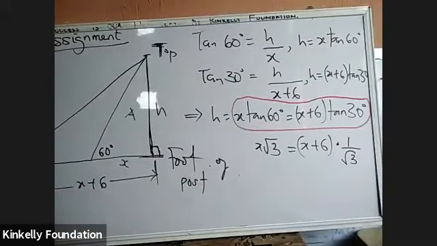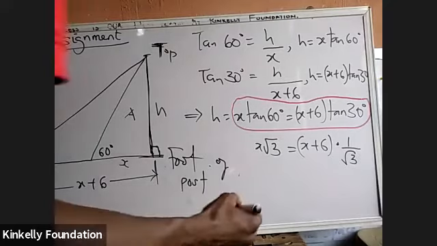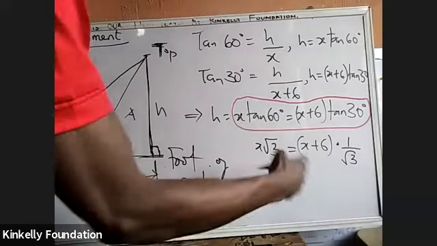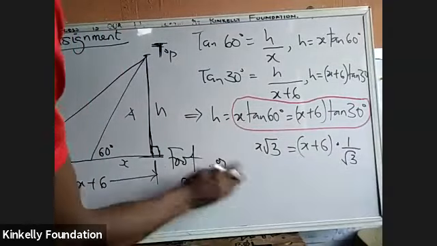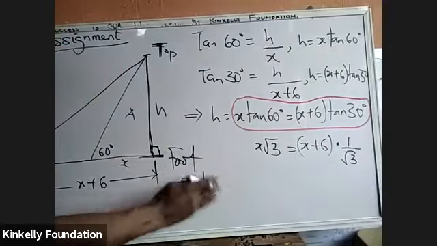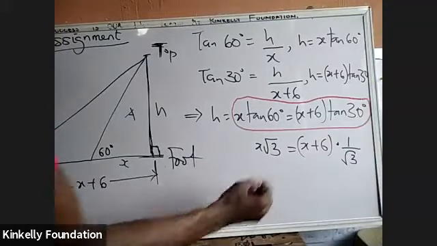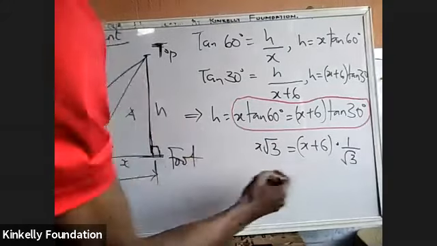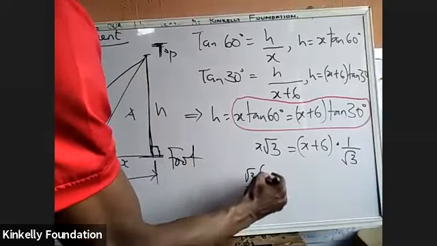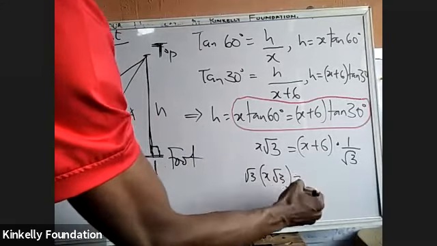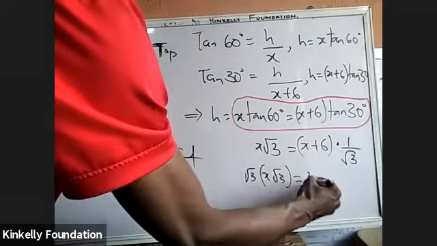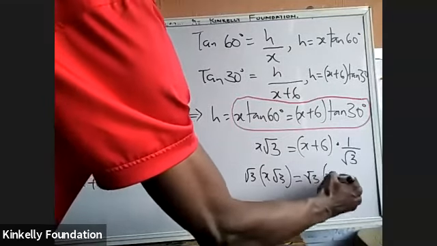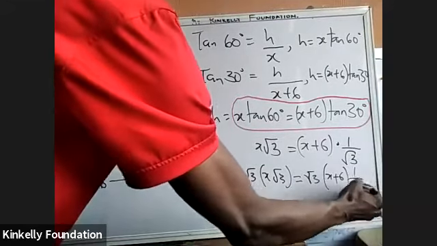We have changed tan 60 and tan 30 to their respective values. Multiplying through by root 3, root 3 times root 3 X is equal to root 3 multiplying (X plus 6) times 1 over root 3.